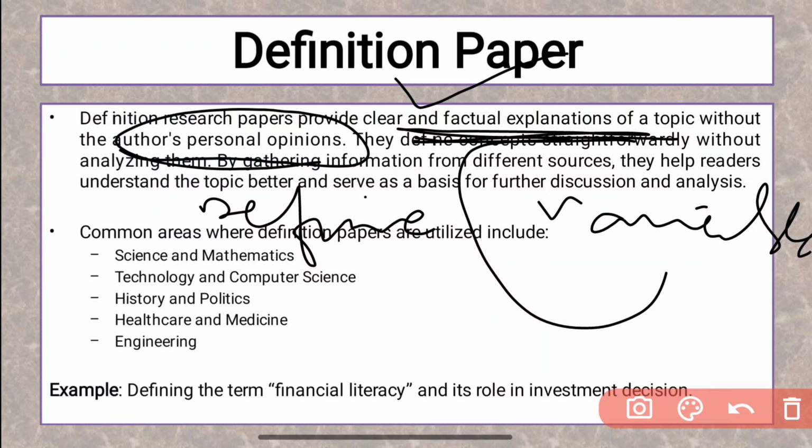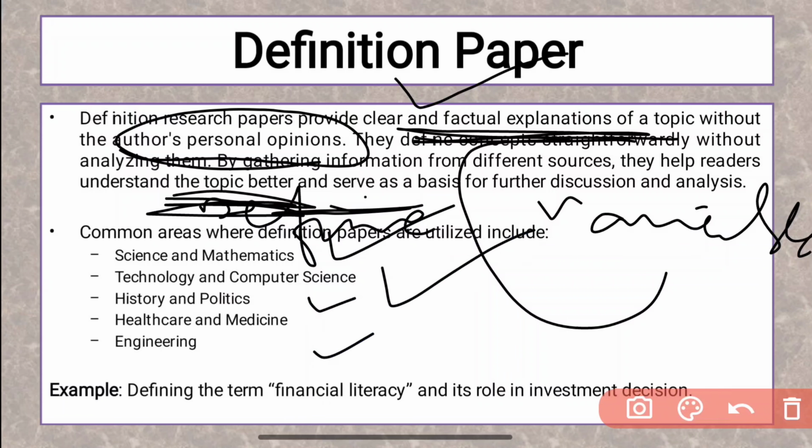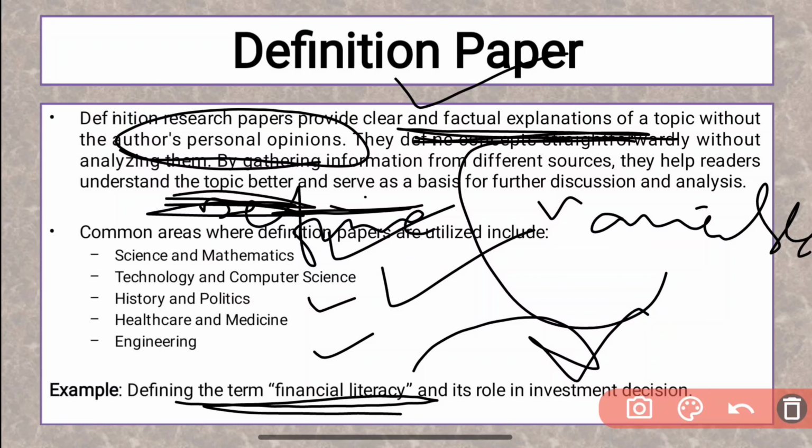We try to explore on one broad topic and try to explain it in depth. These kind of research papers are basically used in sciences, technology, computers, history, political science, health and medicine, engineering, etc. Example could be defining the term financial literacy and studying its role in investment decisions.